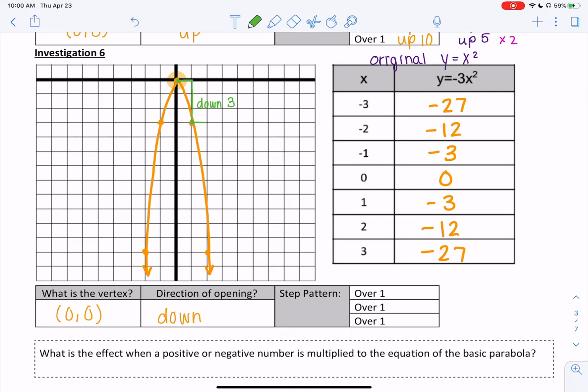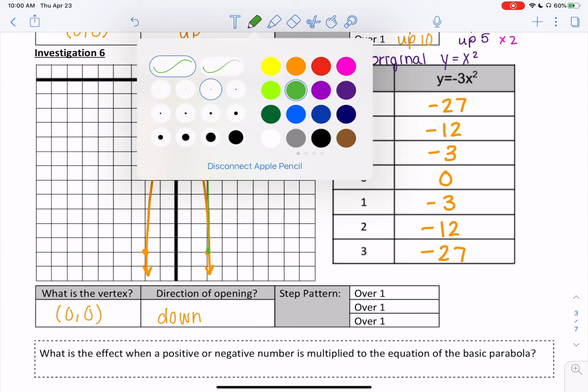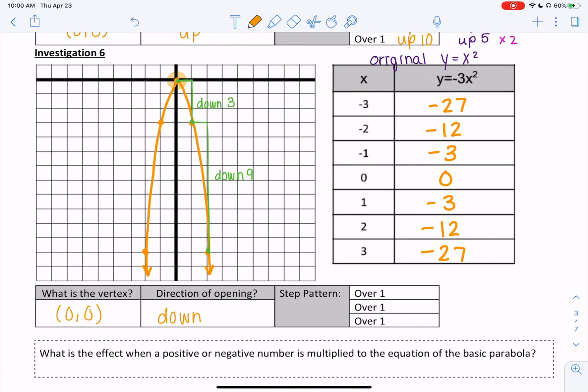We move our pencil over 1 to the right, and I'm going to move down until I hit a nice point. And in this case, I went down 9. So for our step pattern, we went over 1, down 3, over 1, down 9. And if we had a bigger graph, we would have gone over 1, down 15.